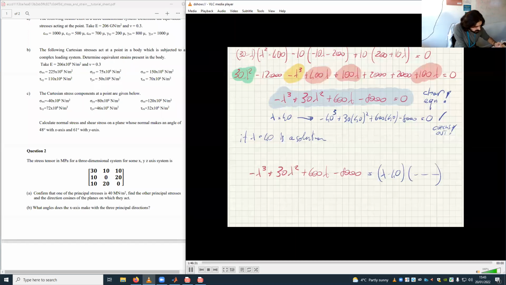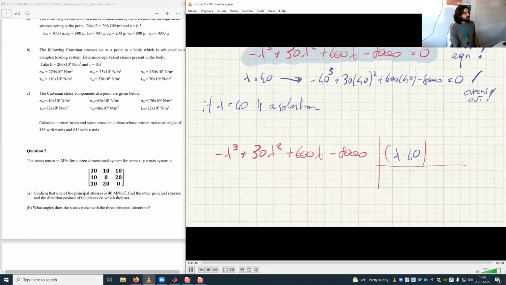So how do you divide this by that? You just use the easy polynomial division. Well, let's go. How do we get rid of lambda cubed here?